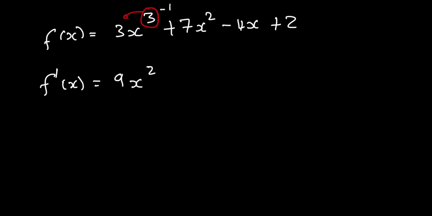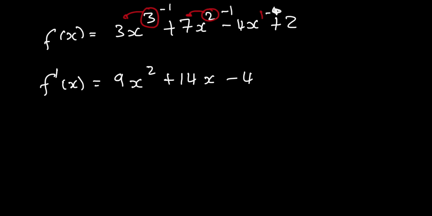And then we do the very same thing for everything. We're going to say this is going to be 2 multiplied by 7, and that's going to give us 14. And then if we say 2 minus 1, that's going to be 1. So if it's 1, we don't have to write anything. Now if you look at this one, we have the exponent as 1. So 1 multiplied by negative 4 is going to give us negative 4. But now if we minus 1 on the exponent, we're going to get an exponent of 0.